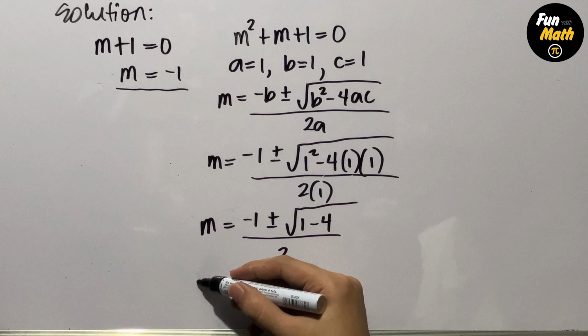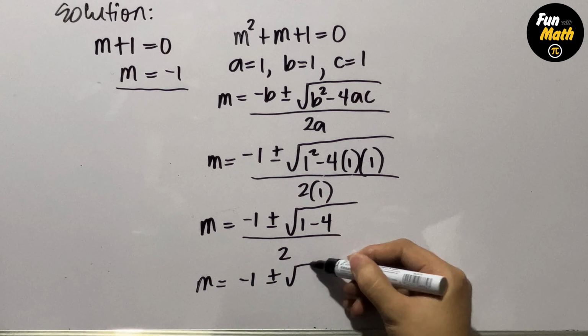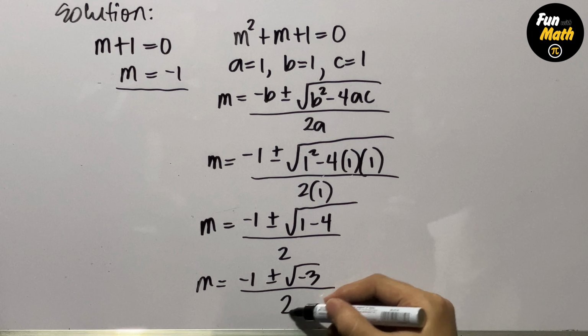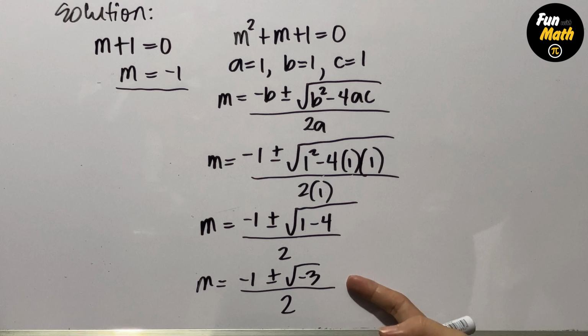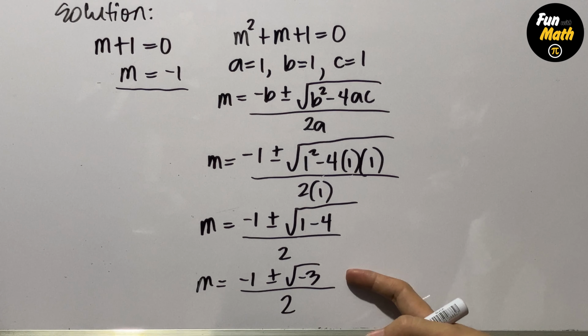Next, this is m equals negative 1 plus or minus the square root of 1 minus 4, that is negative 3, all over 2. And for this square root of negative 3, we can split this into square root of 3 times square root of negative 1.